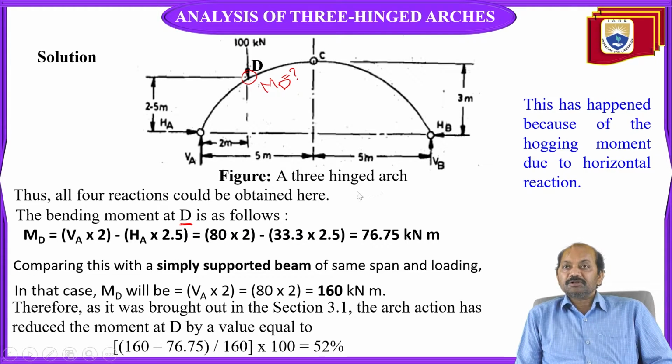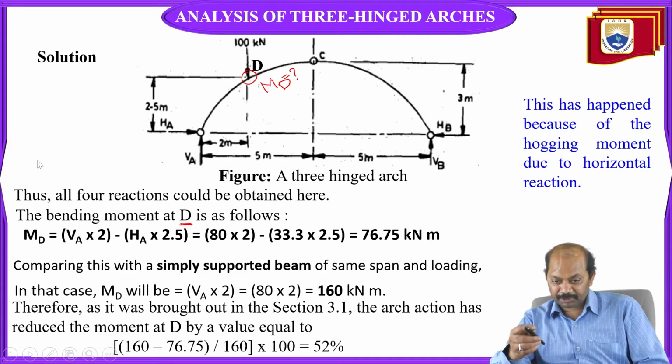Now let us compare this obtained bending moment. Suppose this arch is made as a simply supported beam of the same span and loading. I will draw the diagram here.